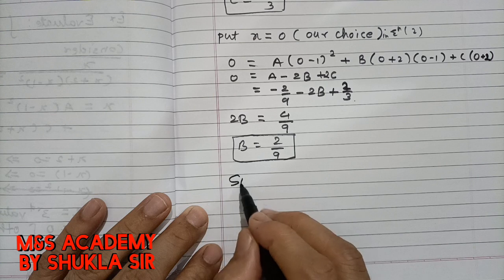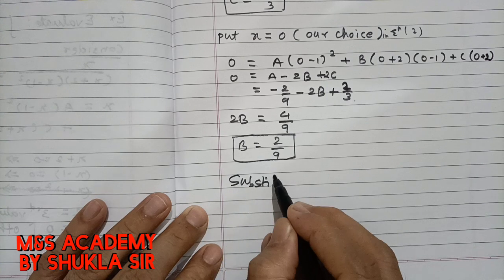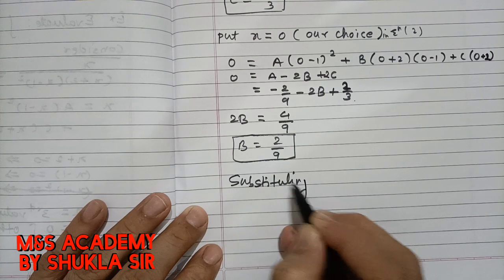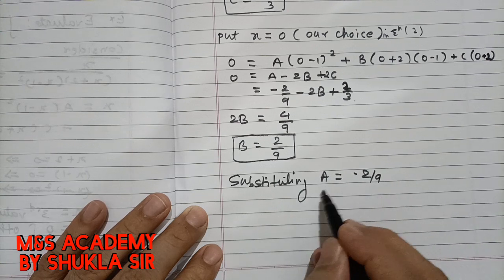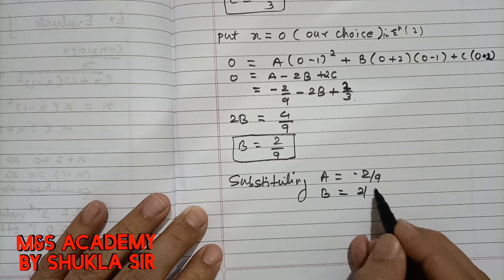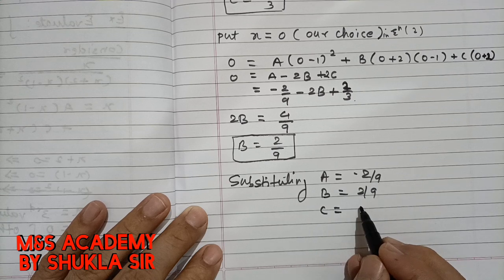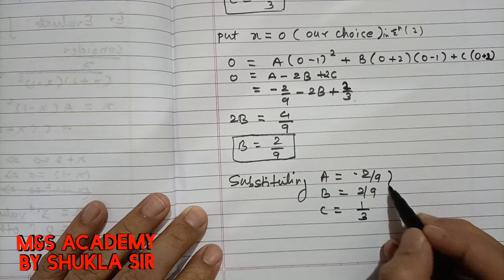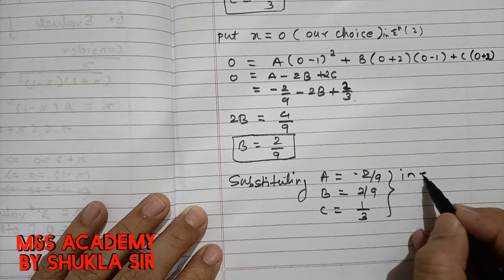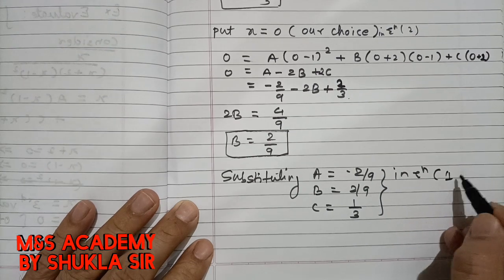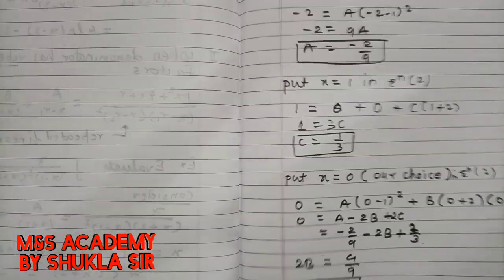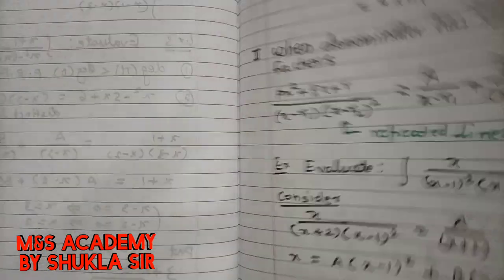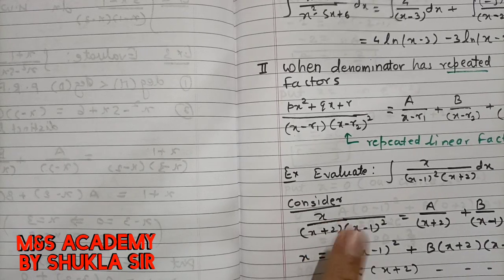Substituting a is equal to minus 2 by 9, b is equal to 2 by 9, and c is equal to 1 by 3 in equation 1, we get the required partial fraction, that is this one.